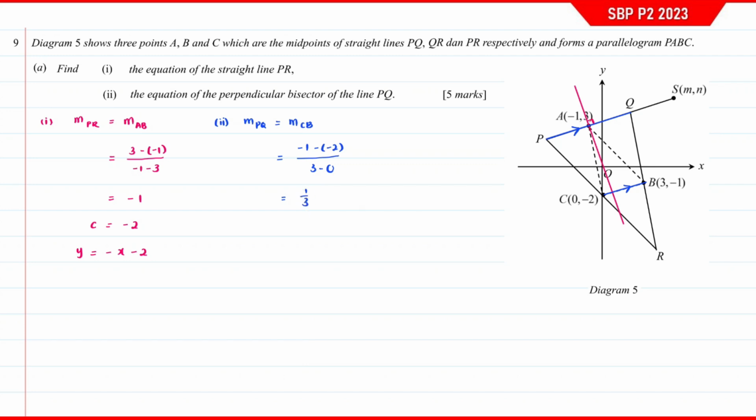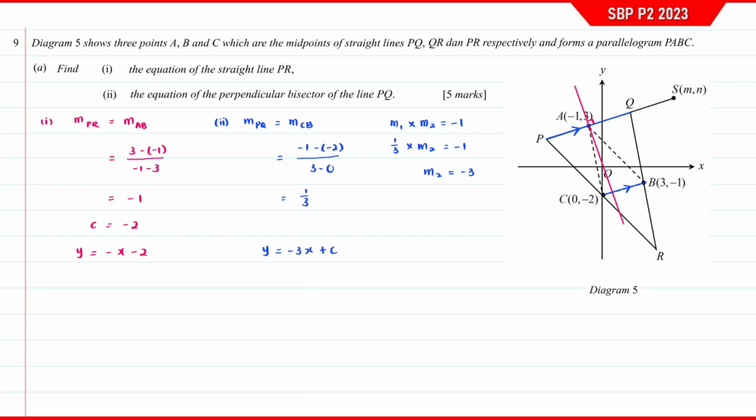For two straight lines that are perpendicular to each other, when we multiply their gradients, m1 times m2, the answer will be -1. So let's say m2 is the gradient of the perpendicular bisector. So 1 over 3 times m2 is equal to -1, then m2 is equal to -3. Now the equation will be y equal to -3x plus c.